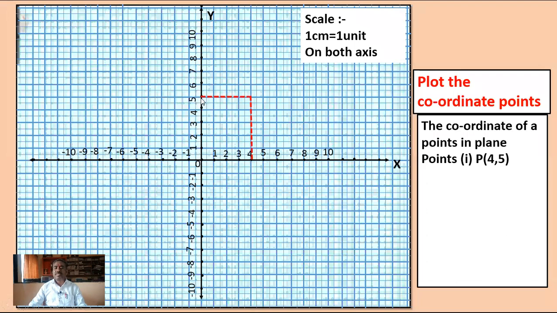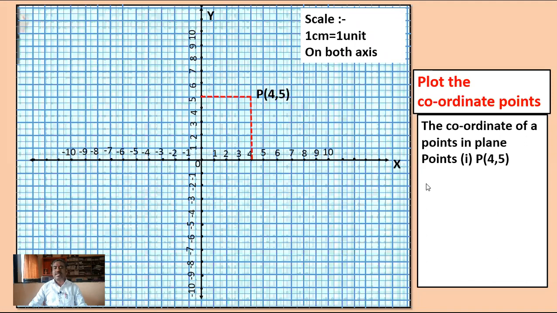This point is at 4 centimeters, and the line parallel to the y axis gives the 5 coordinate point. Therefore, this point P is (4, 5). The point P lies on the graph at this point. In this way, we plot the given coordinate point on the graph paper.